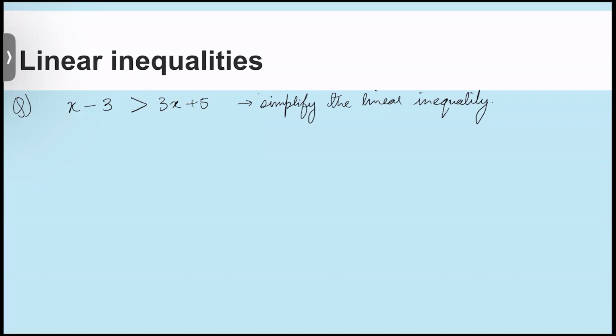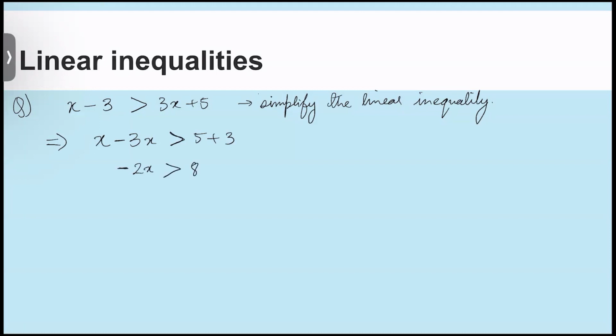Now this is already in the linear inequality form. So let's do the second step, that is, drag all the variables to one side. You can write it as x minus 3x is greater than 5 plus 3. Okay, so now this becomes minus 2x less than 8.